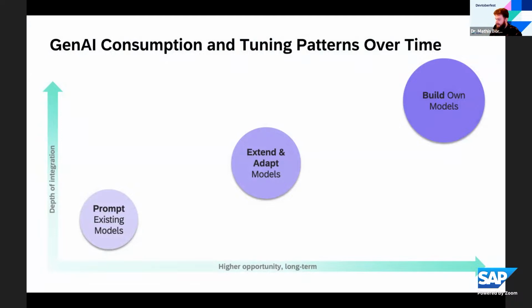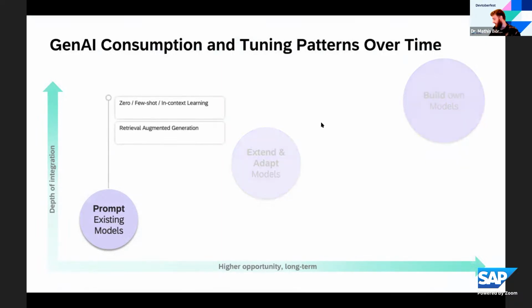The next step after just prompting existing models is more about extending and adapting models. Adapting could mean fine-tuning, so you create specialized models. And extending is, for example, doing advanced patterns like AI agents, and this is what we want to talk about later. For SAP, it's only one step, and the next step, which we're already working on, is to build our own special purpose models.